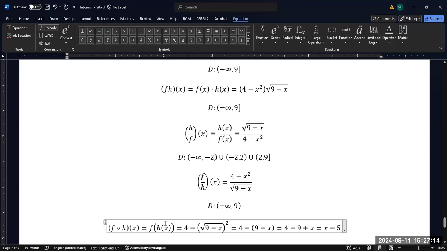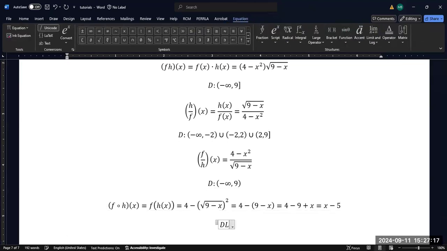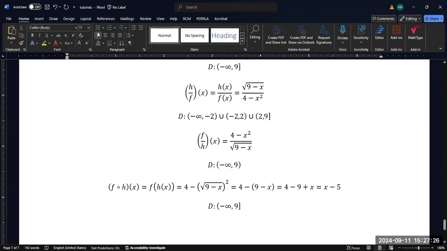So in particular, my domain here is still going to be negative infinity to 9, because if I were to apply these in sequence, so first I pick a number and then I plug it into h, and then I get an answer, and then I plug that into f, which is what this is equivalent to, I can't plug in a number. If I can't plug the number into h, I can't get the result out of the final function. And so that restriction, even though it cancels in the algebra, nonetheless remains on the domain.